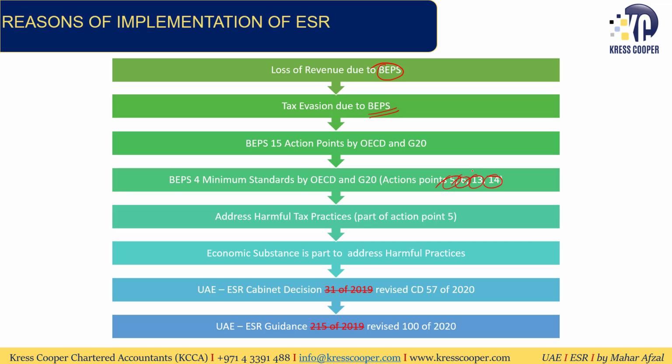Action point 5 deals with harmful tax practices. Economic substance is a part of harmful tax practices.